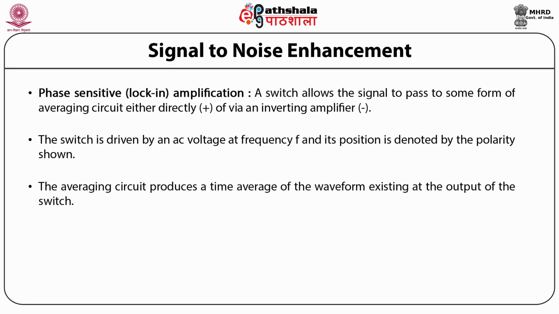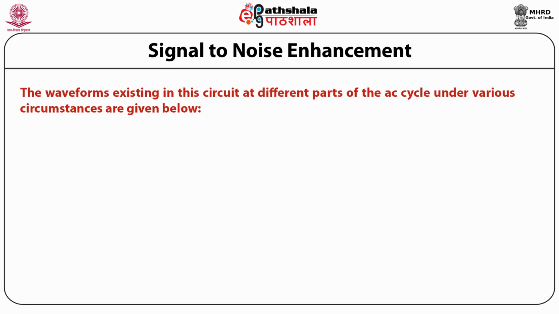The averaging circuit produces a time average of the waveform existing at the output of the switch. The waveforms shown in this figure, existing in the circuit at different parts of the AC cycle under various circumstances, are given below.